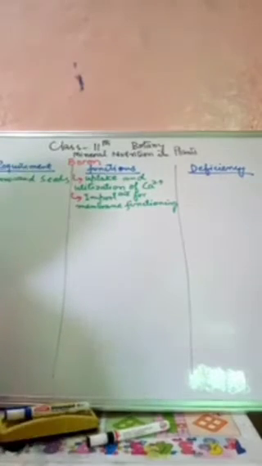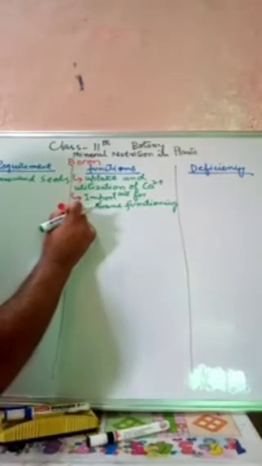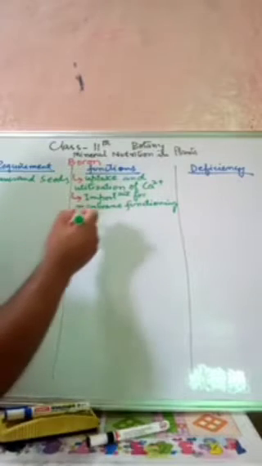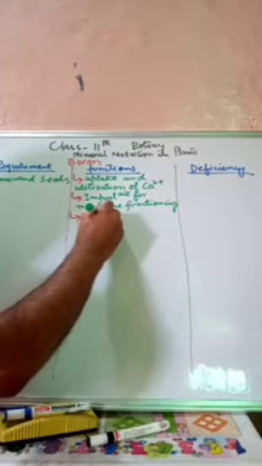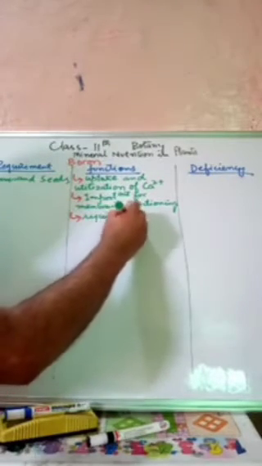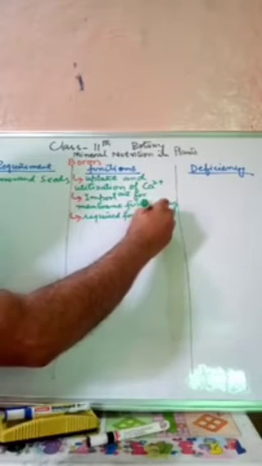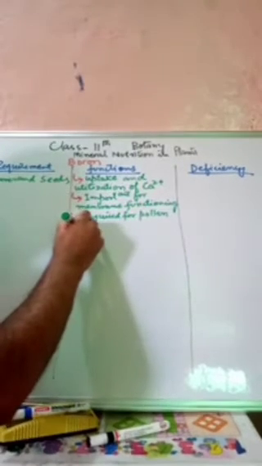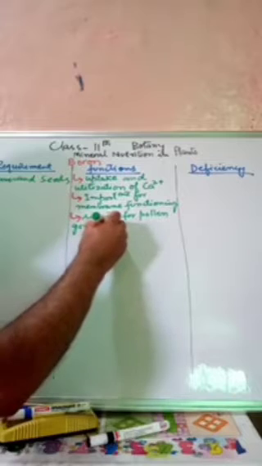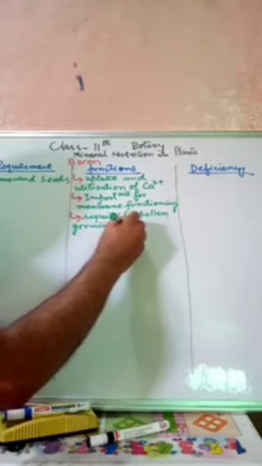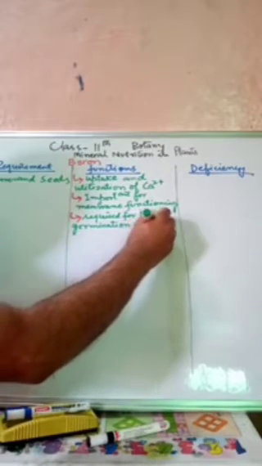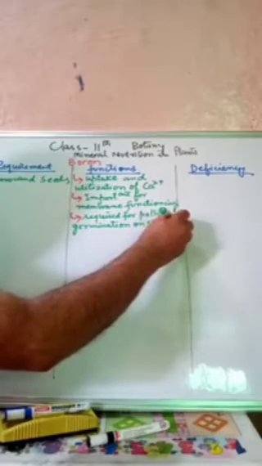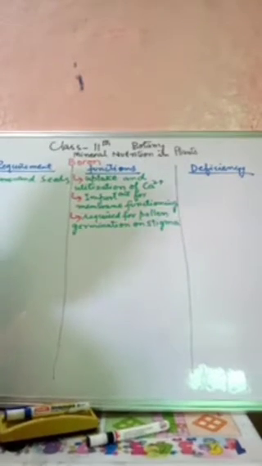This boron plays an important role there also. Third, it is required for pollen germination on stigma. It is required for pollen germination on stigma.